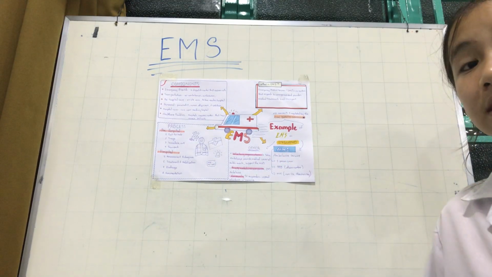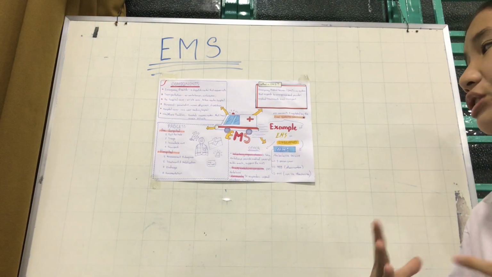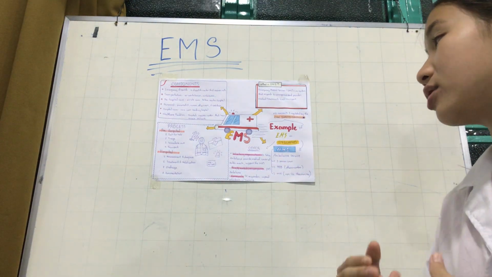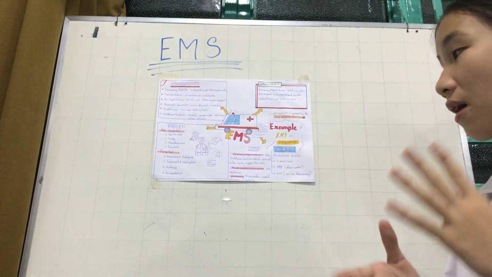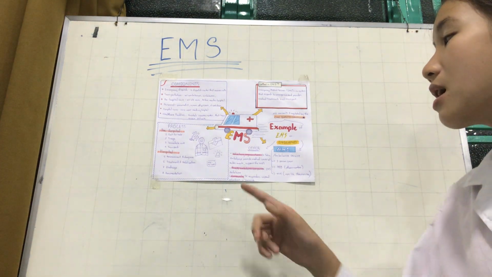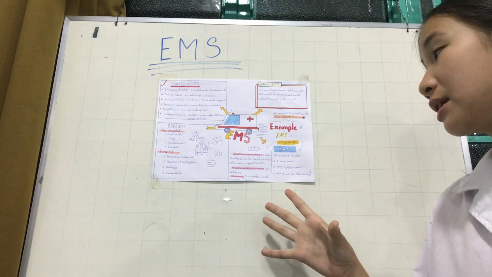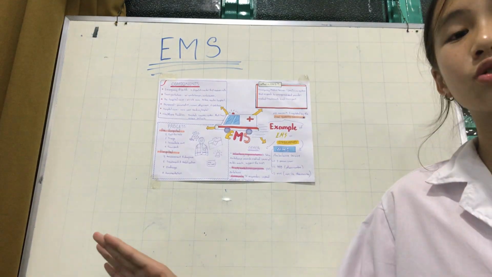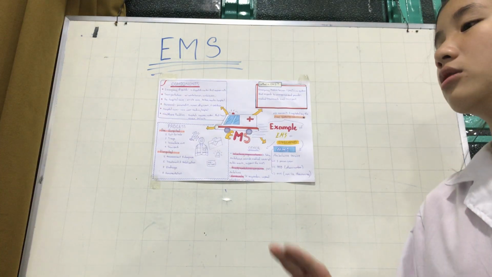Some other examples of EMS are voluntary organizations like St. John Ambulance, which provide medical cover at public events and also support the NHS. There are private ambulance companies like EMS Ambulance. They provide all sorts of things from transport to medicine.